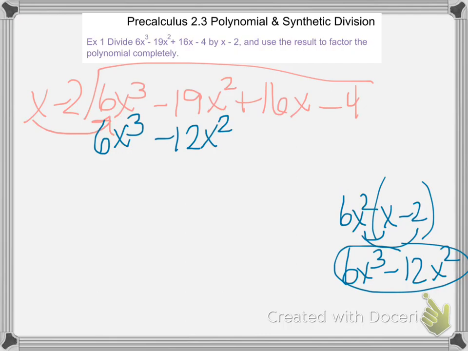But when I put it underneath this right here, I am going to subtract it because I want the 6x cubes to go away. So I'm actually subtracting this whole thing, which means that that subtraction sign needs to be distributed through to each of these.